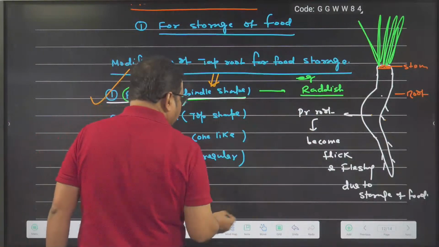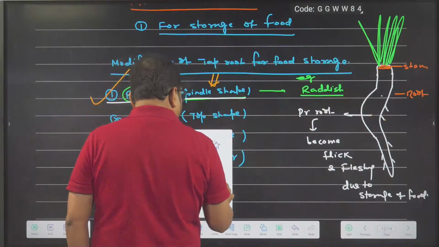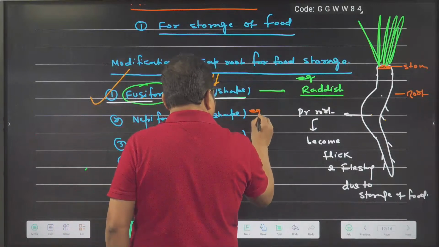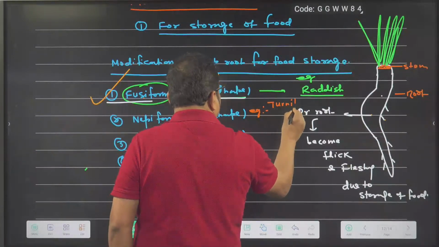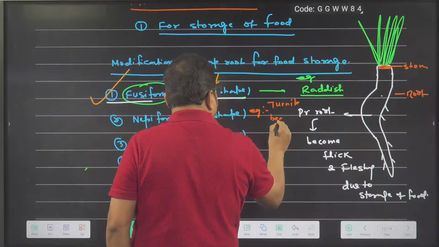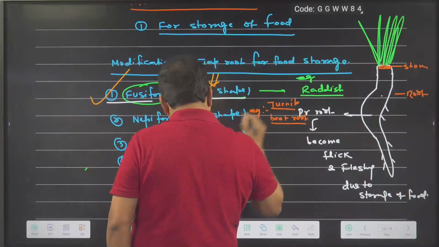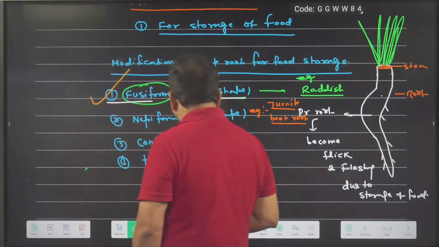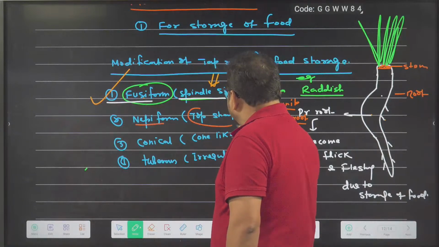Now we are going to talk about which one? Napiform. So example I am writing first, then you can understand better. Example napiform, I am writing turnip. And I am writing beetroot. When you see the beetroot or turnip, their shape is napiform. It is top shape structure.